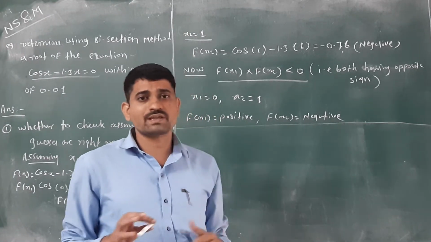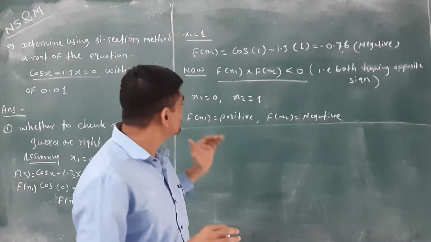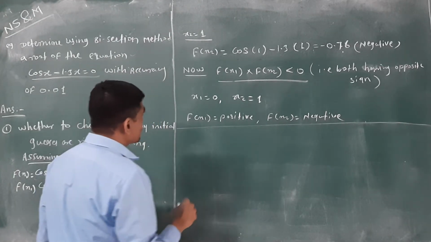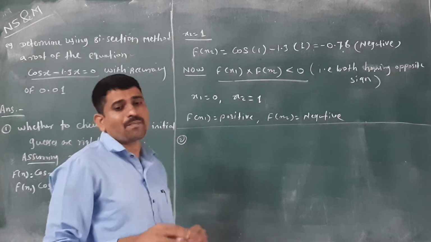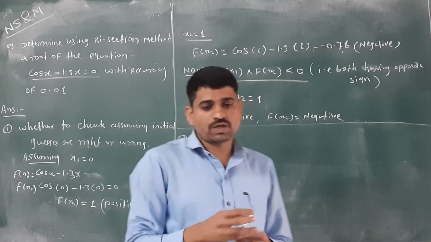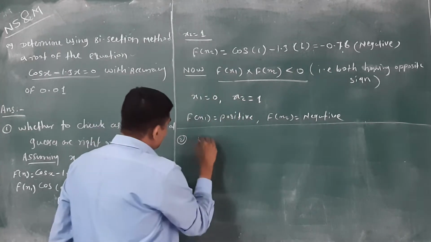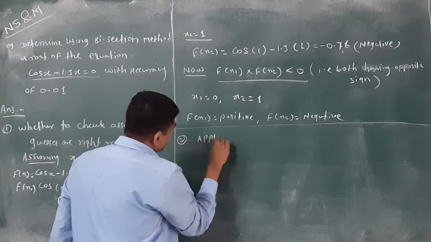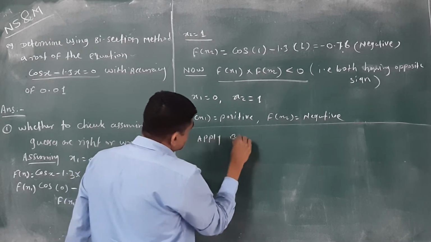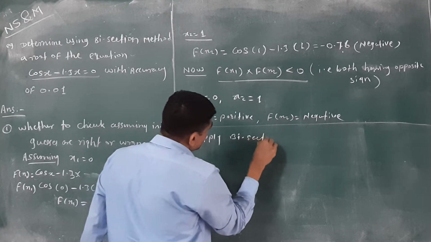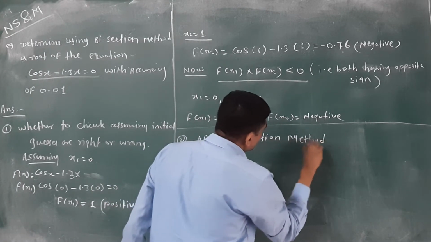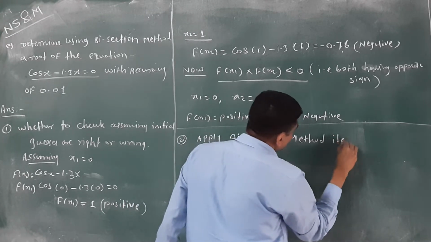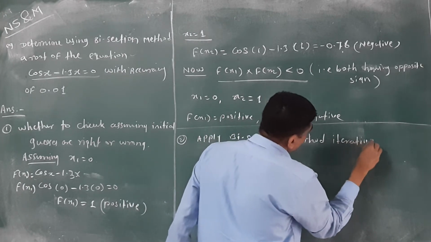Okay, all of you clear on the first step? Then the second step. What is the second step? You have to again apply the bisection method. Second step: apply the bisection method iterative formula.